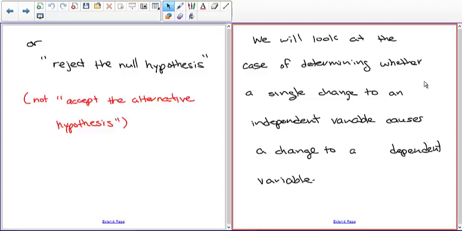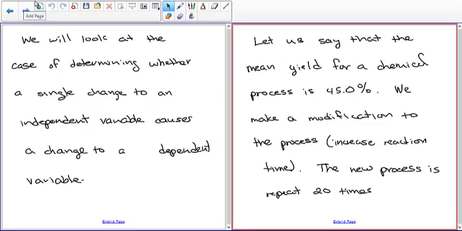So we change the independent variable, the drug dose, and we're going to measure the dependent variable, which would be things like survival or something like that. So we're going to use this as an example.